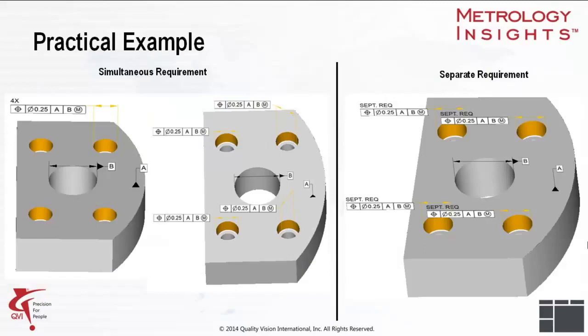These four feature control frames are equivalent to a single feature control frame, tolerancing the four holes as a pattern, which can also be seen on the left. On the right, the same four feature control frames appear with the notation separate requirements included with the FCF. This notation overrides the simultaneity set as default by the ASME standard.